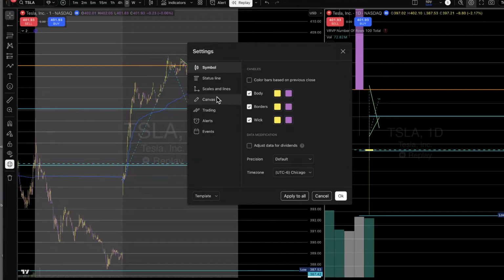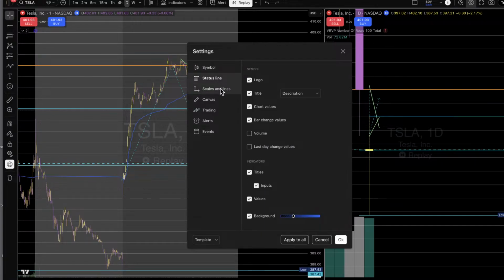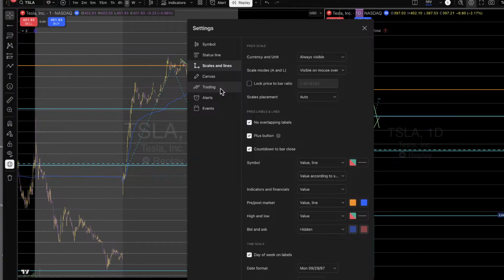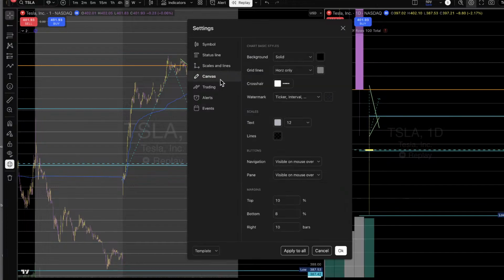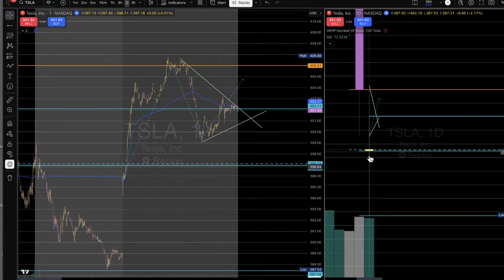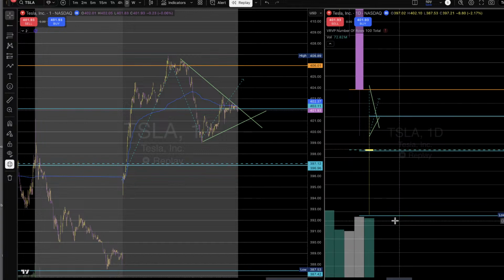They're so thin, man. Yeah, the wicks are too thin. How do you make the candle wicks thicker? That's something I should look up.